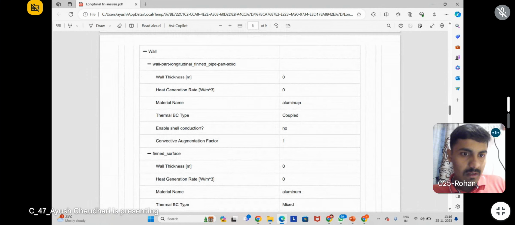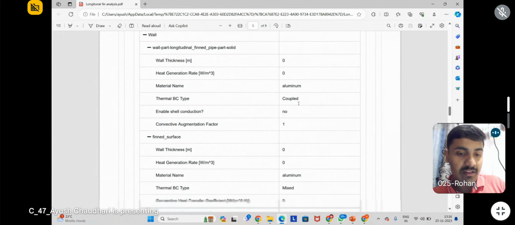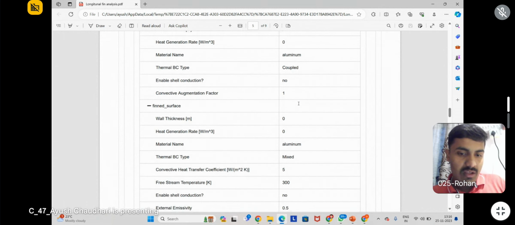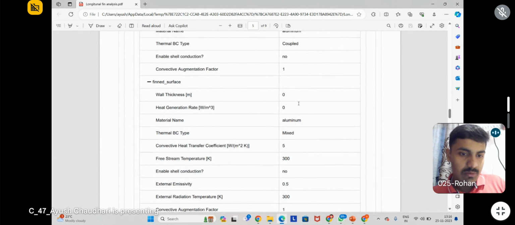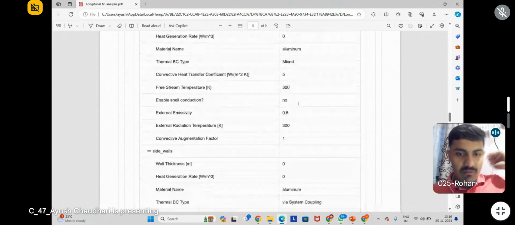Wall. The material name was aluminium, and the thermal BC type was coupled. For the same fin surface, the material name was aluminium and the thermal BC type was mixed. The convective heat transfer coefficient was given and the free stream temperature was 300.